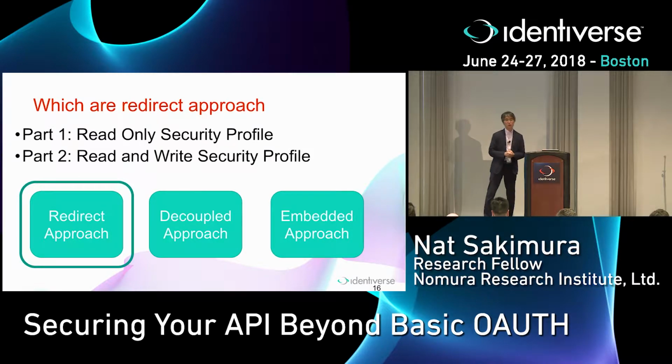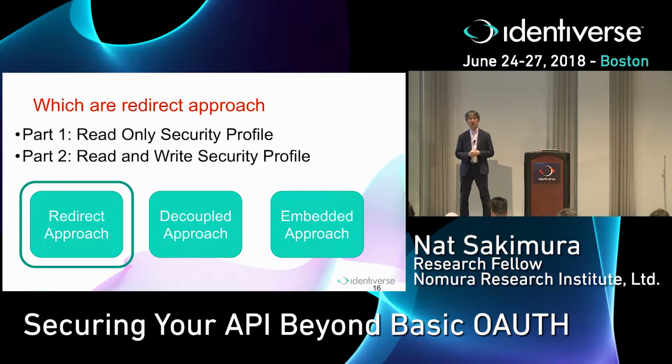The embedded approach is the approach negotiated by some of the fintech companies in PSD2 in Europe, which is kind of a traditional thing. The relying party takes all the user credentials, and through it, they are passed to the identity provider.